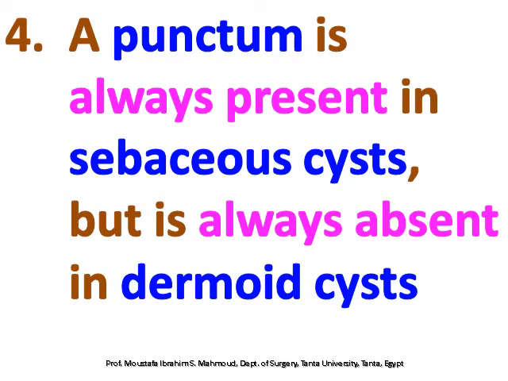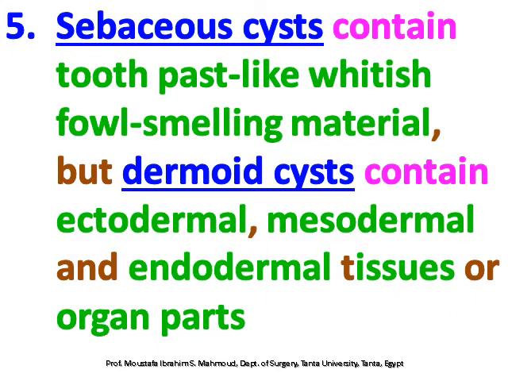A punctum is always present in sebaceous cysts, but it is always absent in dermoid cysts. Sebaceous cysts contain toothpaste-like whitish foul-smelling material, but dermoid cysts contain ectodermal, mesodermal, and endodermal tissues or organ parts.